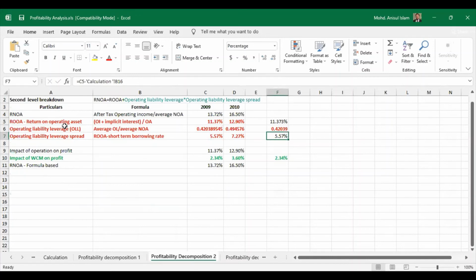As long as this spread is positive, if we use more operating leverage, or more operating liabilities, it will create value. You can compare how financial leverage creates value. Here we see how operating liabilities create value as long as the spread is positive.